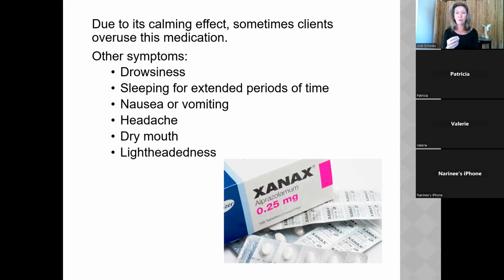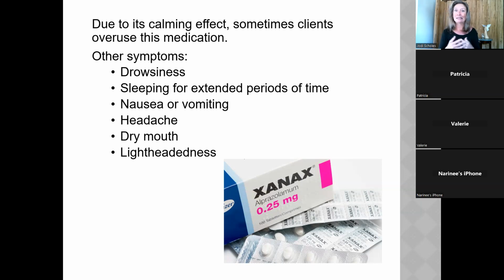Some of the symptoms of clients overusing Xanax, and you may see it on your treatment table, I certainly have. When a client is on the table and they fall asleep, if they fall deeply asleep, like when you tell them to turn over, they're not responding and you have to wake them, what type of medication are they on?